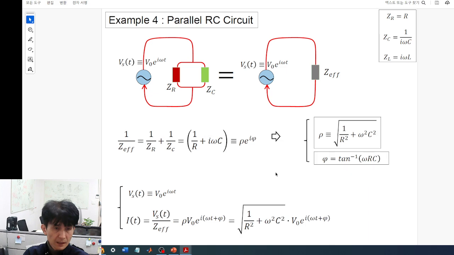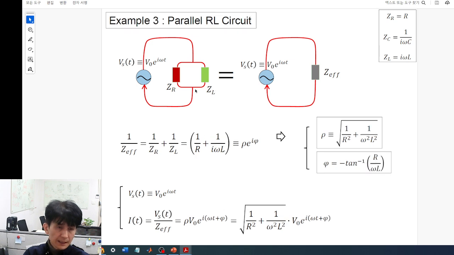But as we know the voltage across it is the same as the voltage across the resistor, this component should be equal to this component, and that is V0, Vs. As we know the voltage and impedance, we can calculate the current.